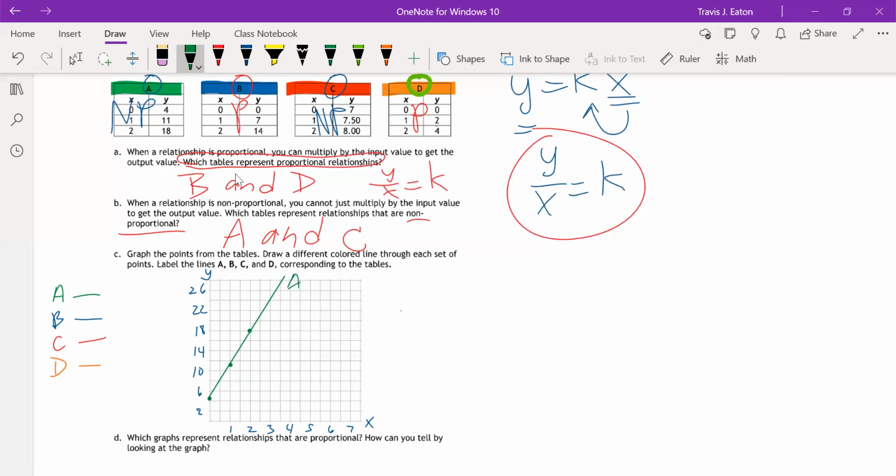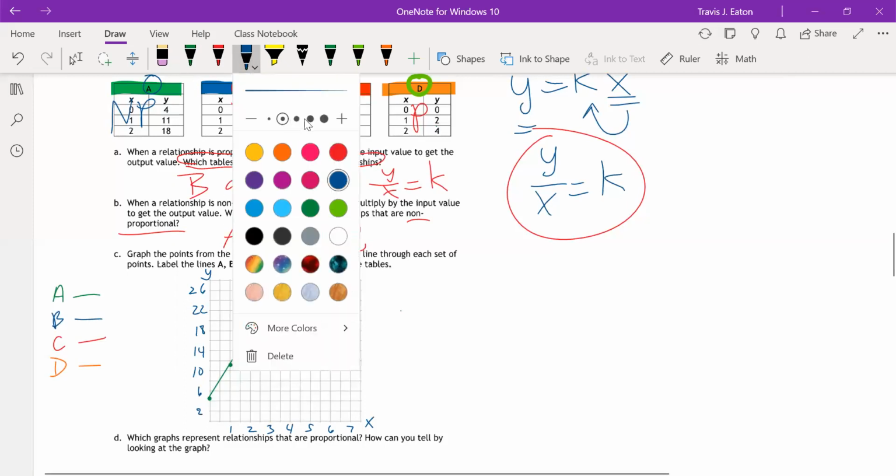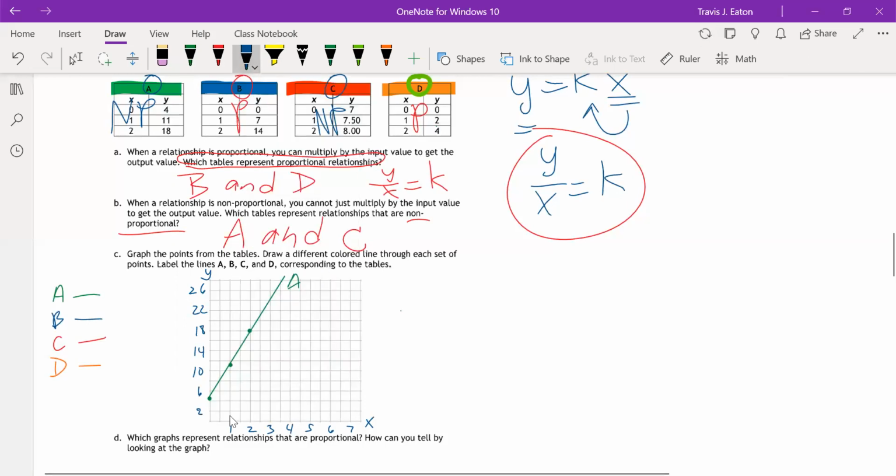Okay. Now B is a different one. So I got to change my thickness here. That'll work. B is 0, 0. Okay. And 1 and 7. So there's 6, 8, 7 would be about here. All right. And 2, 14.